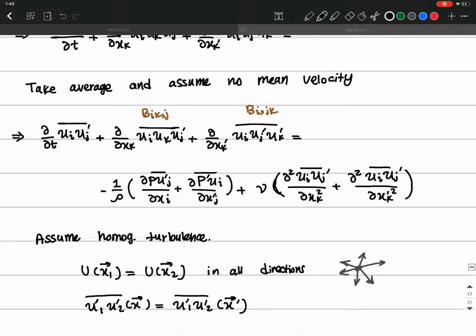Again, the ξ, because here we have homogeneous flow. In a homogeneous flow, these triple moments are not a function of ξ. They're only a function of their distance, so we can neglect them. And so then we put this on the right hand side.